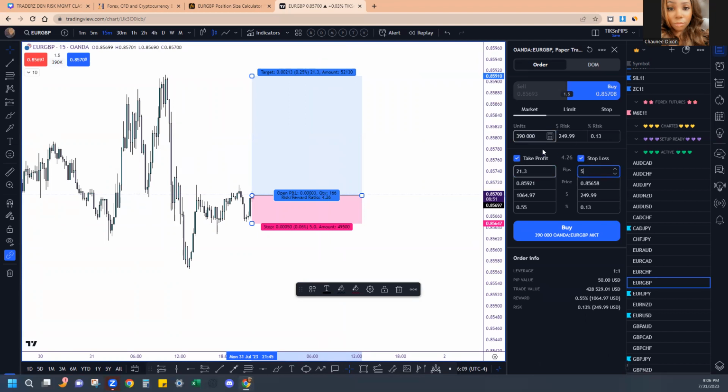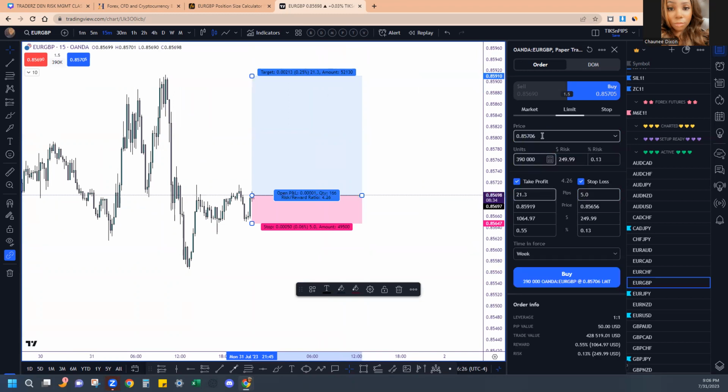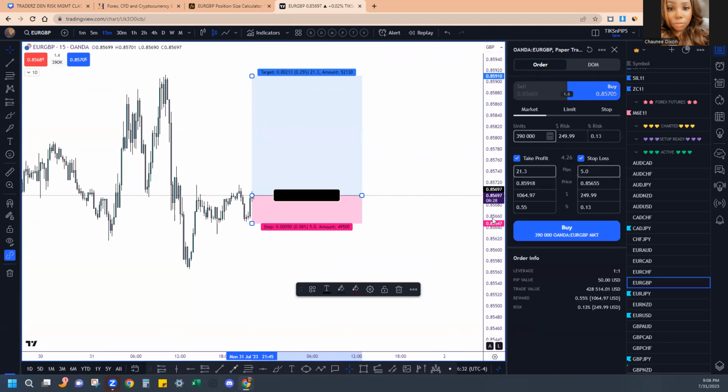Make sure the stop loss and take profit are checked off so it'll place them on your chart for you. Then we're going to do a market order. Market order means it's just going to enter wherever price is currently on the chart. If you wanted to enter exactly where you have it placed, you would do a limit order. Then you would put in the price you want it to come down or up to, and it'll enter you when it activates at that level. But we'll do market, and then I'll hit buy.